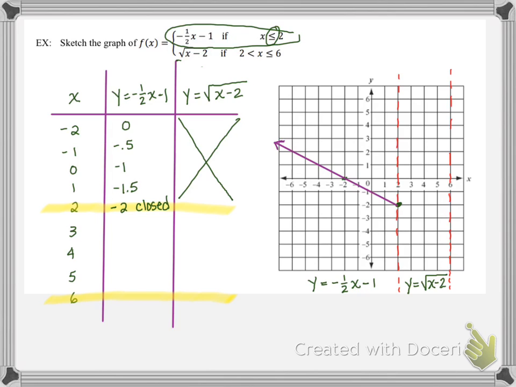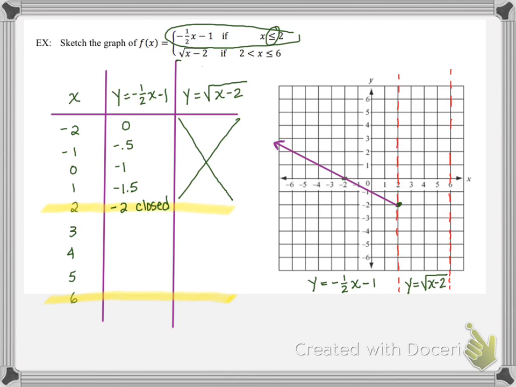Make my colors match here. Okay, so that's the first piece. And like I said, we graph that exactly like we would normally graph y equals negative 1/2 x minus 1. The only difference is that we stopped when we got to 2.